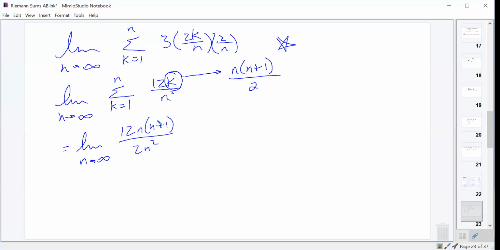Good or no? And so how do we evaluate a limit of this function?